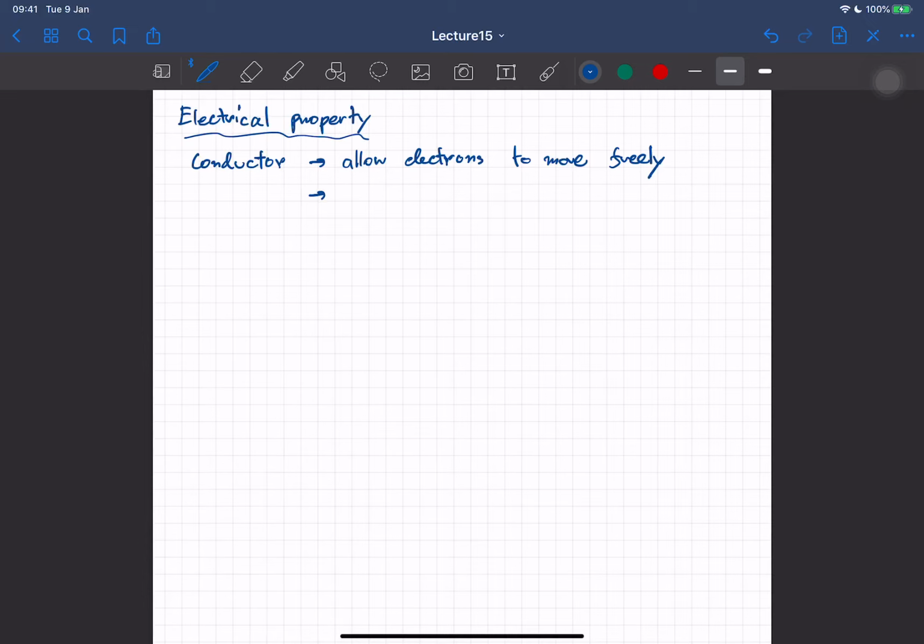And usually it's going to be metal that has this kind of property. So I think every metal is a conductor. I can't think of any metal which is not a conductor. Okay, so most of the time when you talk about metal, you can just safely say that it's a conductor.